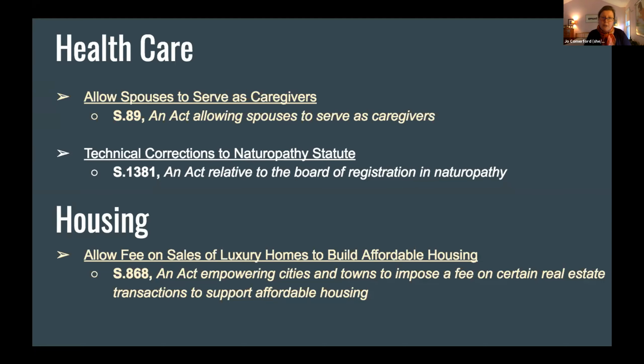It's a local option bill, which means localities would have an option to assess a fee on the sale of luxury homes and build affordable housing in the local community. So local money stays local, by assessing a fee on luxury homes, which are many times above the median.